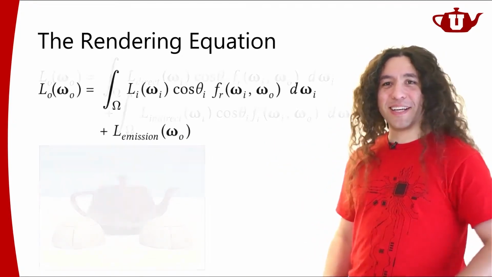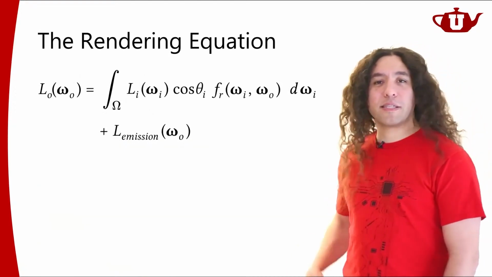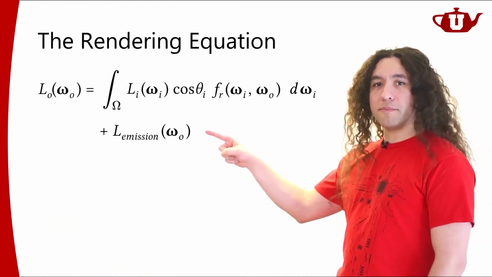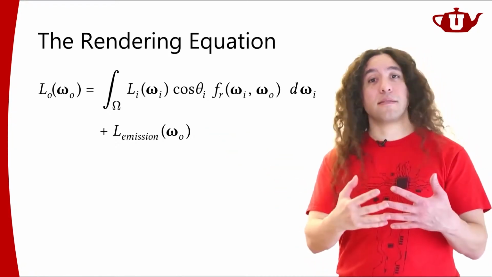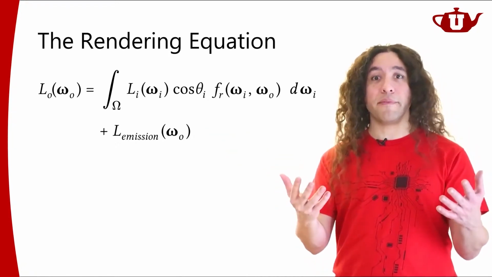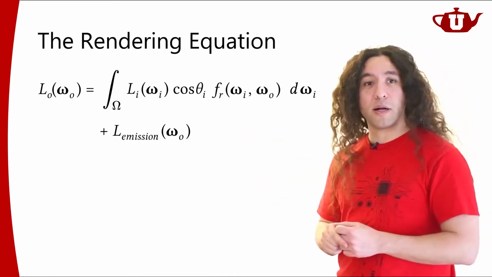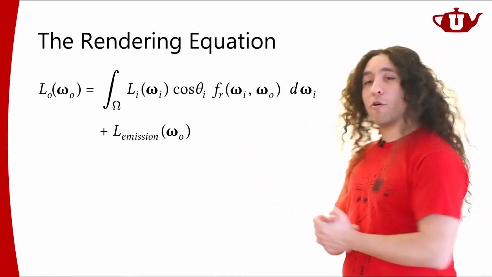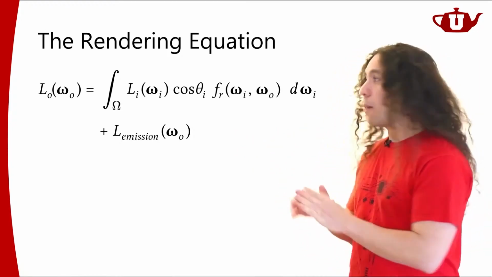We're coming to the end. So when you see the rendering equation in a lot of places, you will see this additional term here, this emission term. Because if the surface has some light emission, if the surface is a light source, it's going to have some emission as well. So this equation also includes light sources. So light sources can be written in this form.